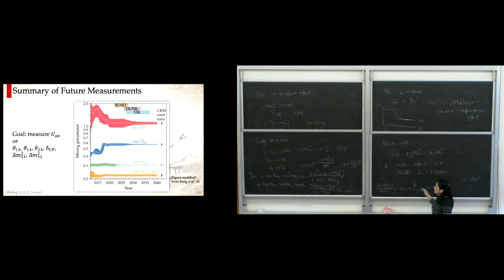All of these things combined tell you about the mass hierarchy, because the degeneracy of this sign would get broken by the matter effect. The baseline needs to be long, and delta CP does show up in the probability. That's the main takeaway. This is also why we don't typically do the 3-flavor calculation, because the expression is very long. But for long baseline, it actually matters.